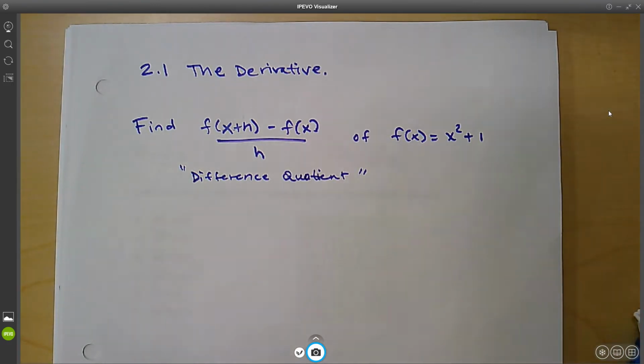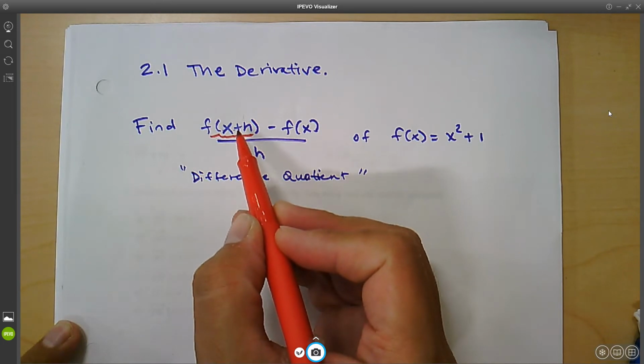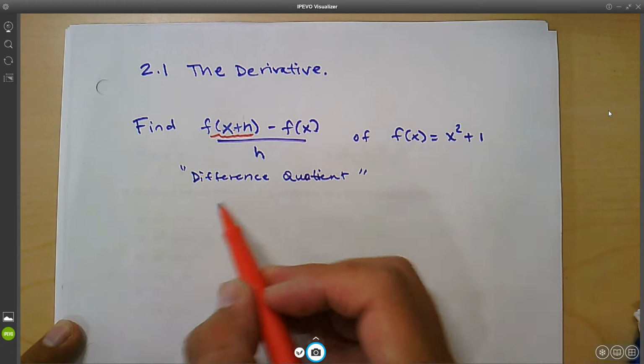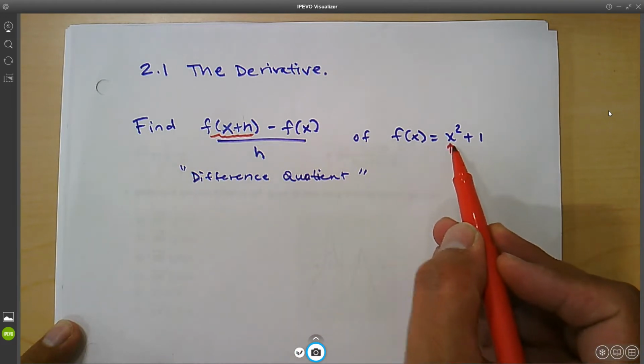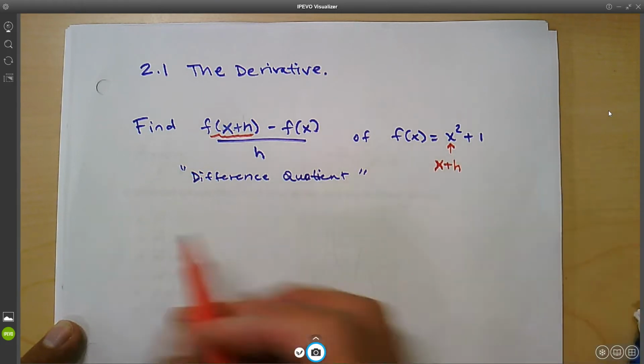So we need to be able to do that part. We'll start it out like this. You read that part. It says plug an x plus h into the f equation. So here's the f equation. You're going to plug an x plus h there.